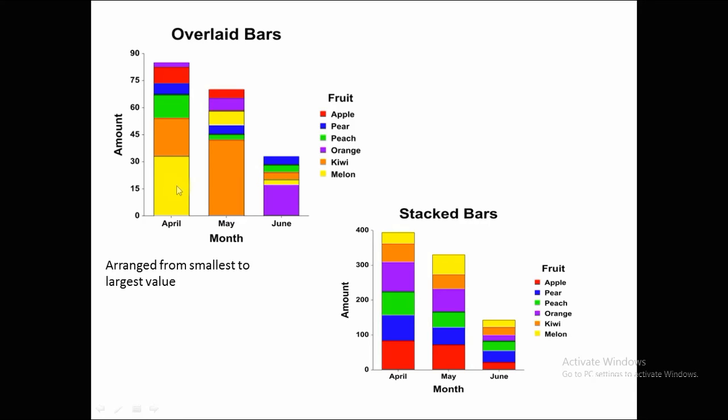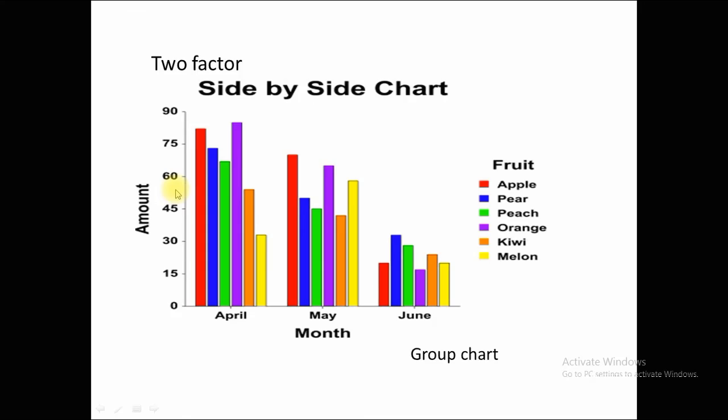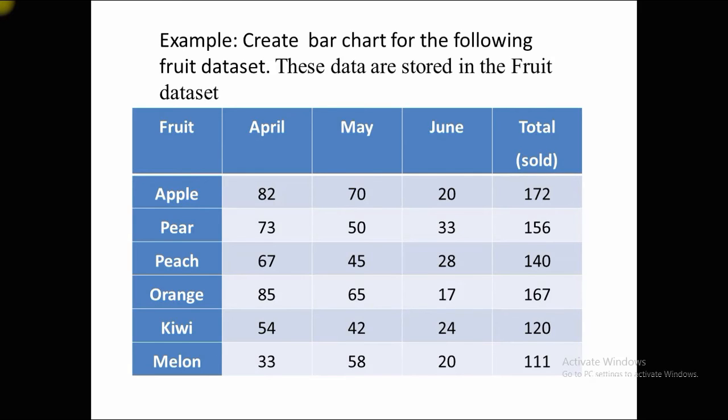Since in the given data, in the given table, for example, this is the given table. In the given table for the month April, melon has the least value 33 and orange has the largest value 85.